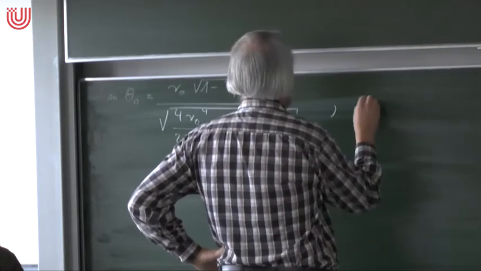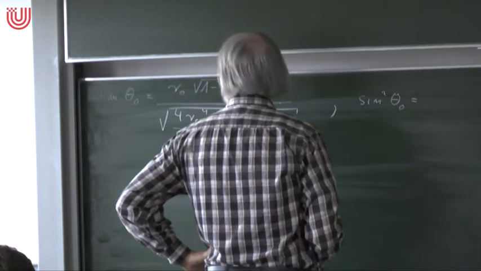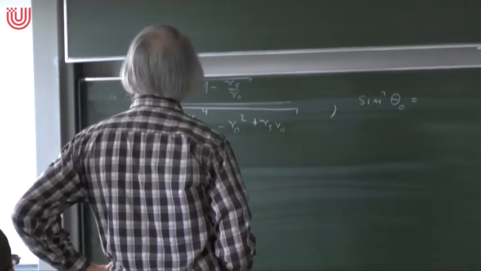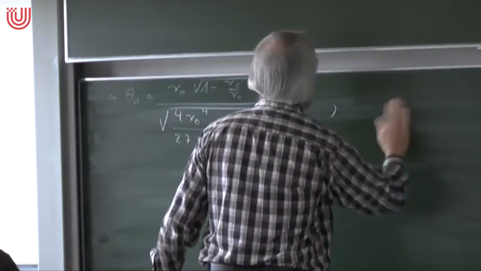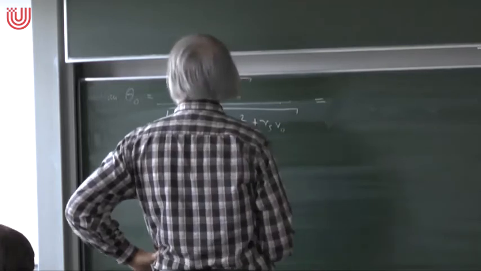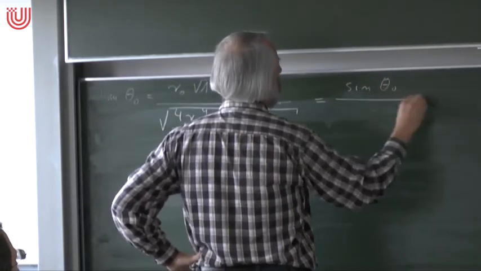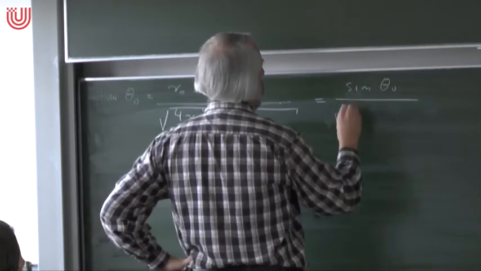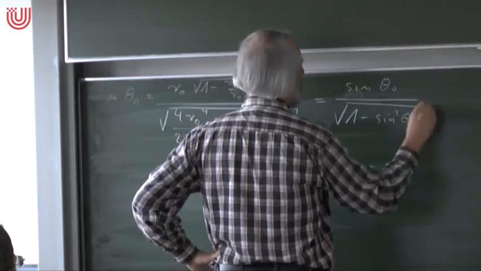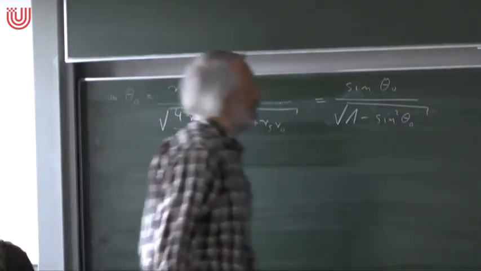So let me write sine squared of theta naught. The tangent is sine divided by cosine, right? And cosine is the square root of 1 minus sine squared. And now let's solve this equation for the sine.